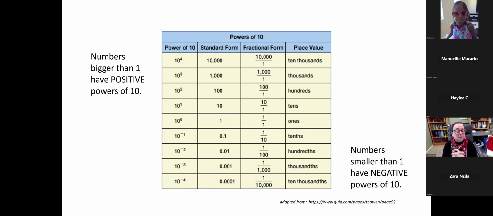So that's just a 1. So anything to the 0 power is a 1. If we raise it to a positive power, so that's the top part of the chart, you can see what's happening. Those are all numbers that are bigger than 1. If we multiply a coefficient by 10 to those positive powers, that's going to make that number bigger, right? We're multiplying by a bigger number, right?